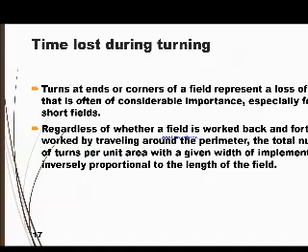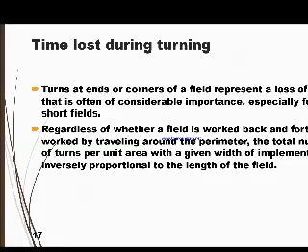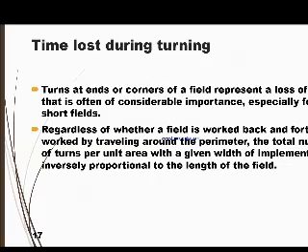So in this case, you have to strategically consider the shortest time spent for cornering. If you have a square field, pretty much you cannot avoid it. If you have a longer section of the field, you might want to choose that particular point to start the work in order to reduce the turning, which is considered as time loss.